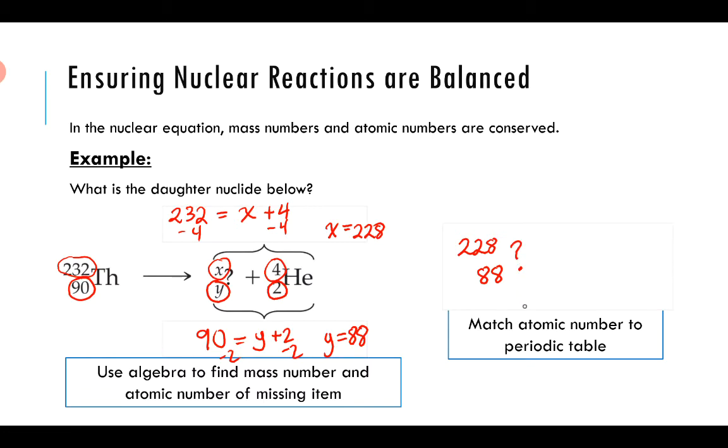And now I have to match the 88 to the periodic table. And so the atomic number 88 is radon. And so radon would be here to balance this nuclear equation.